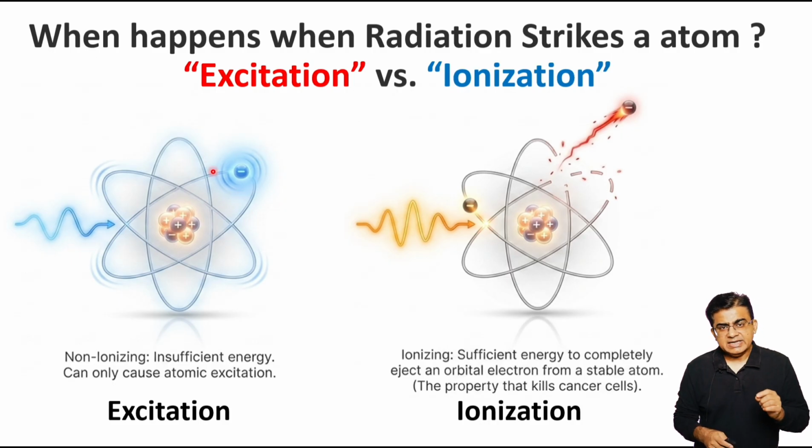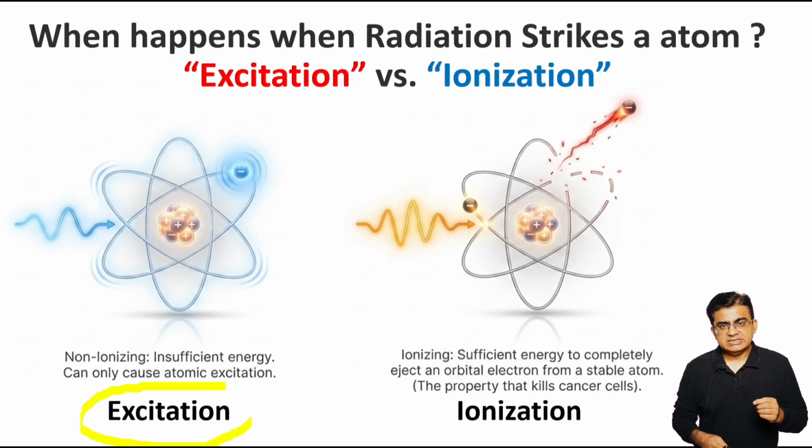It only has enough energy to temporarily push that electron into a slightly higher, unstable orbit. The atom gets excited briefly and the electron falls right back down into its own place. We call this event excitation.